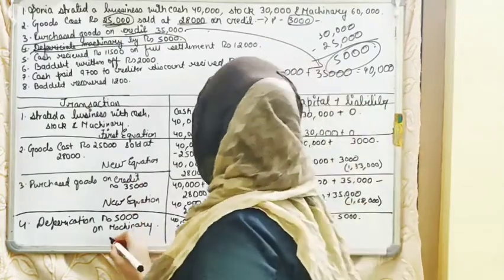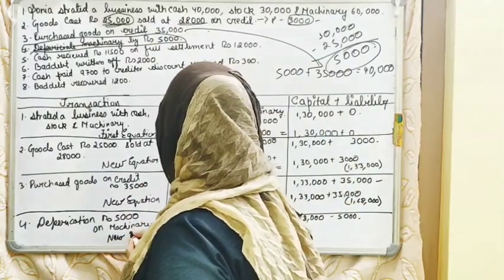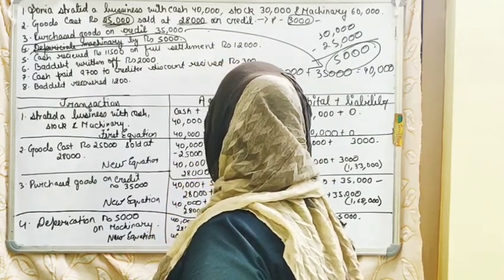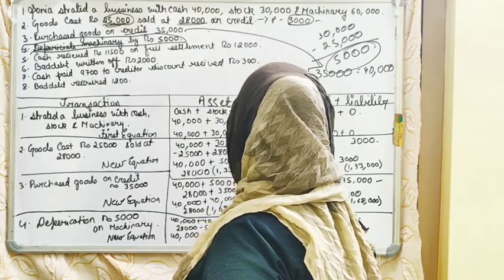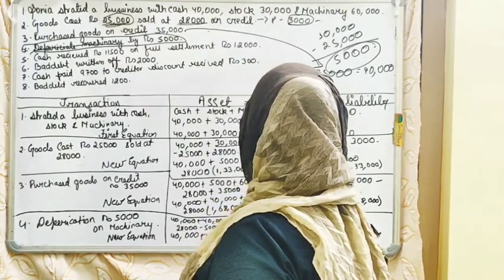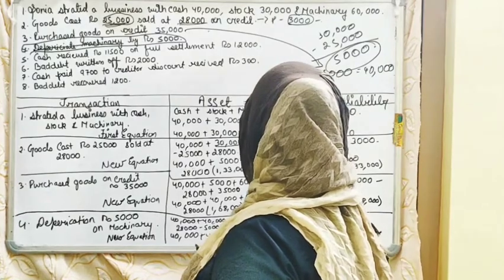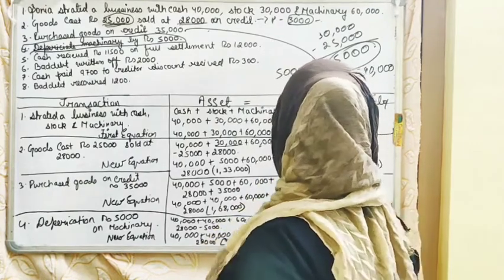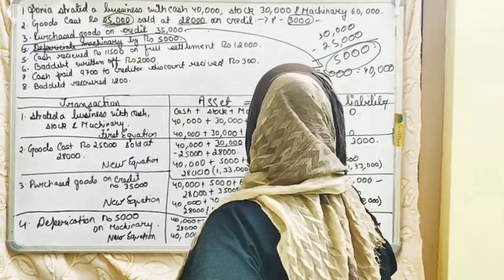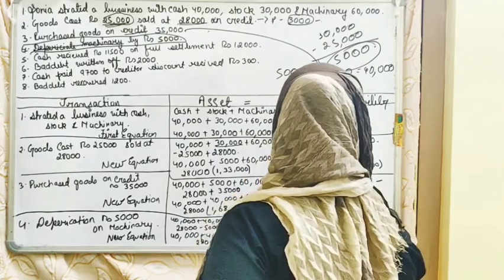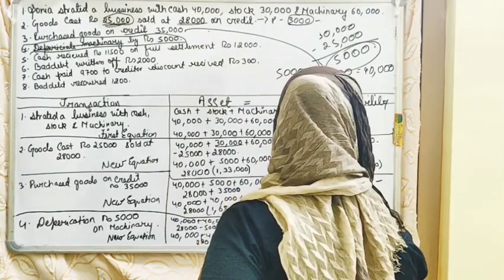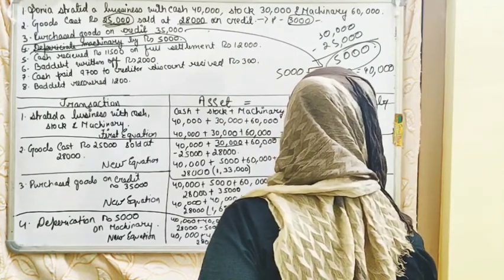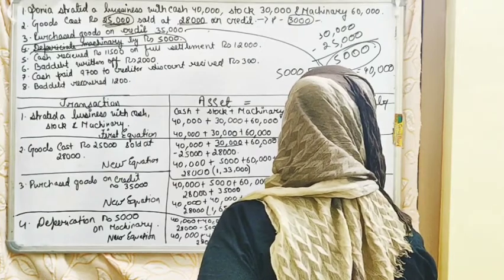So what will be the new equation? 40,000 as it is plus 40,000 as it is plus 55,000 plus 28,000, which gives an amount of rupees 1,63,000, is equal to 1,68,000 minus 5,000, which is 1,63,000 rupees.